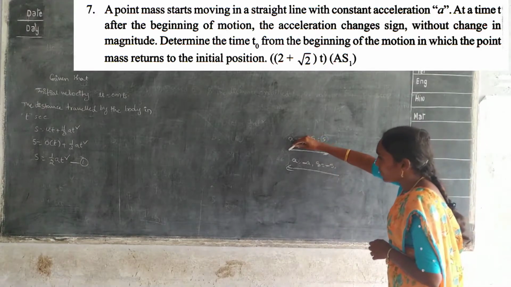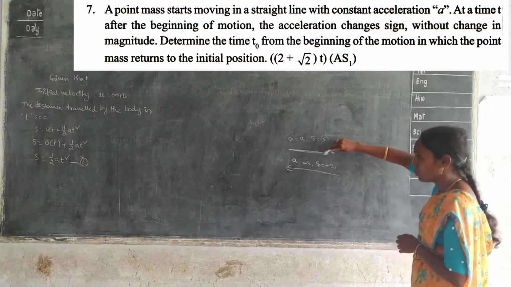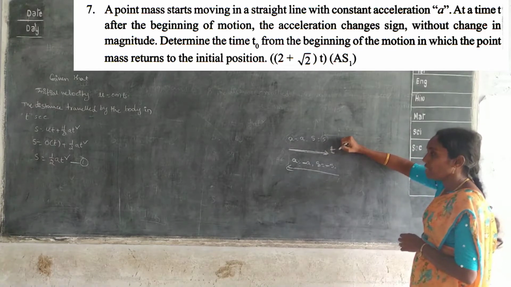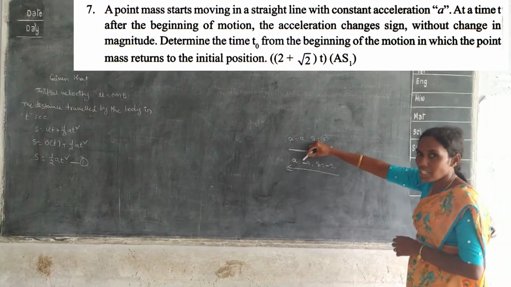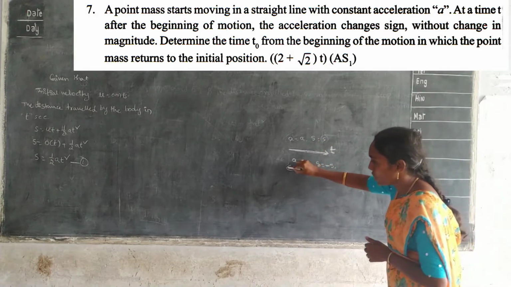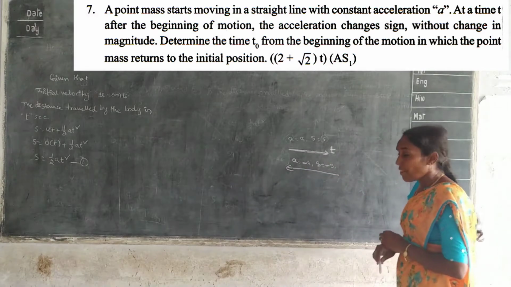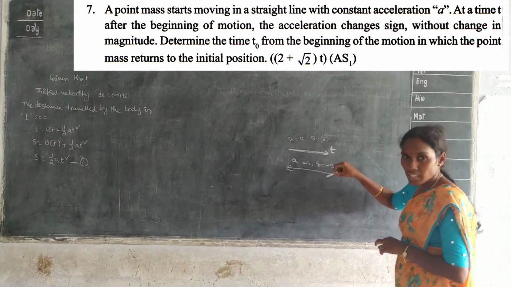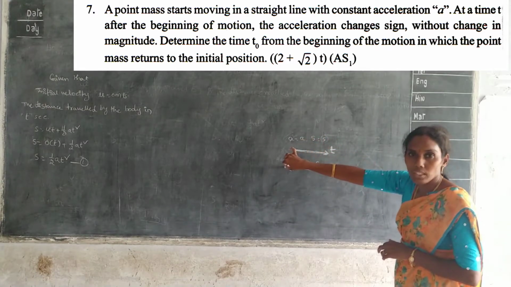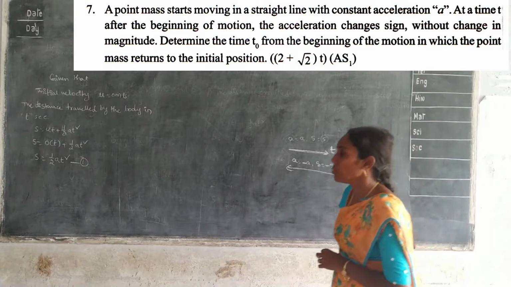If a body starting from rest moves in the forward direction for a time interval t, after that this body changes its direction but with no change in magnitude, and reaches the same initial position. Find the total time taken by the body from starting point to ending point.